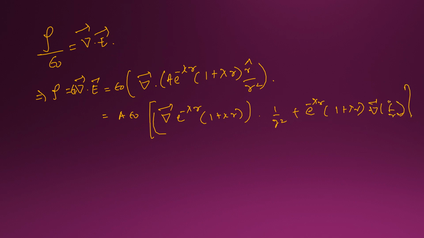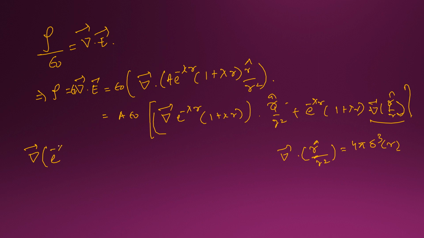We know that del dot r cap by r² is written as 4π delta. Okay, so let's write it down, and we'll solve this one also.